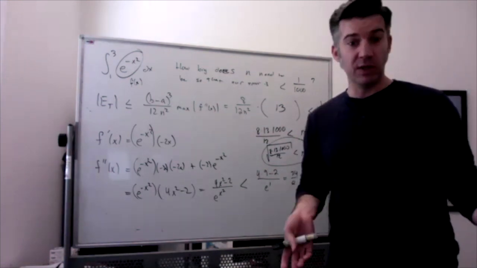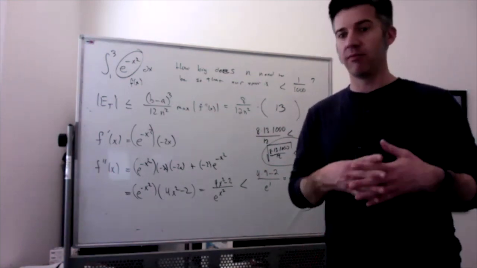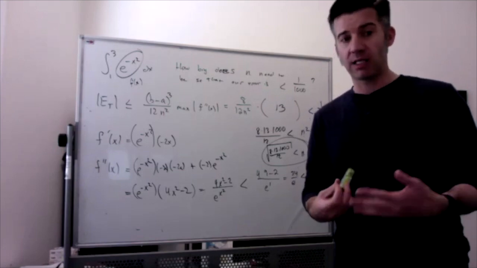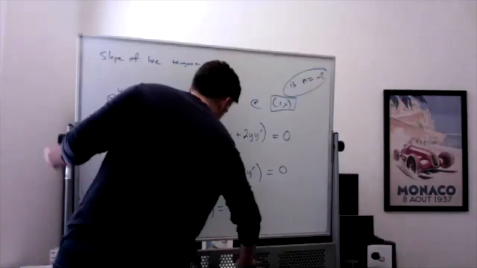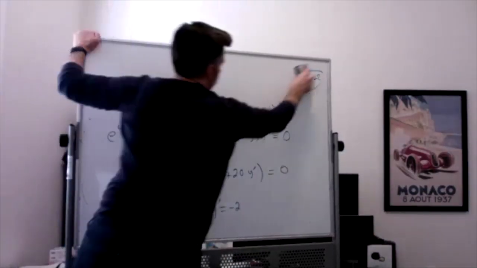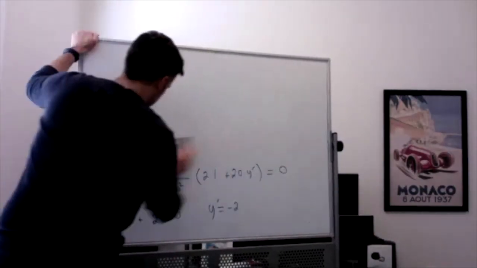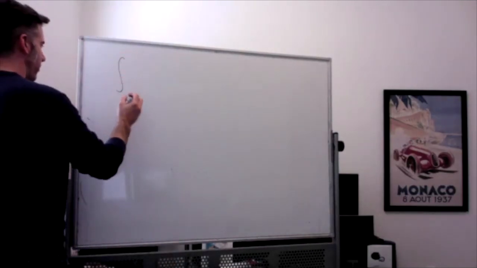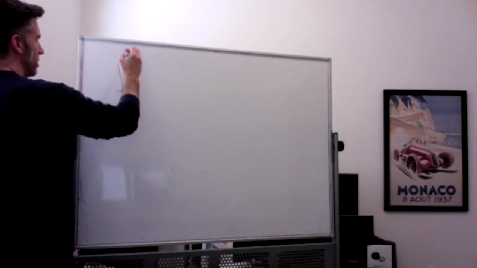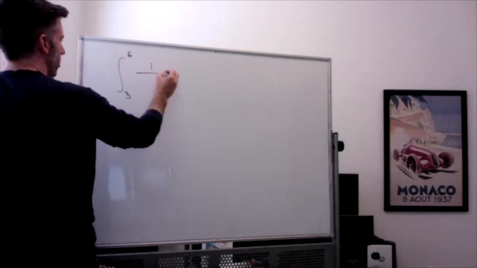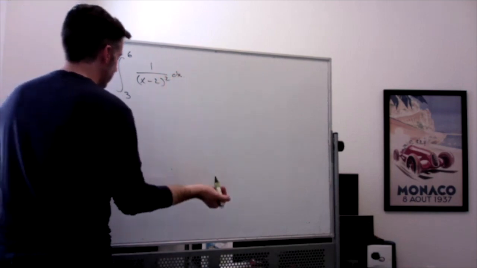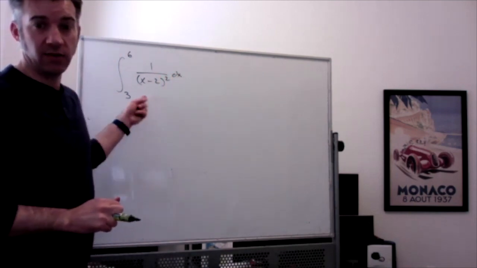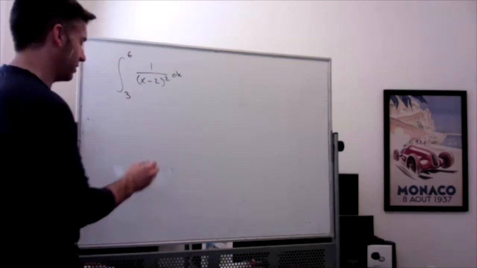Or gives you an easier function where you're able to very easily see the maximum of the second derivative. Like, for example, just to kind of clarify, if your function was something like the integral from 3 to 6 of 1 over x minus 2 squared dx, then it's very easy to find the maximum value of the second derivative, right?